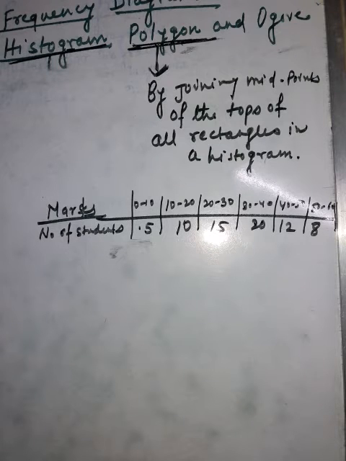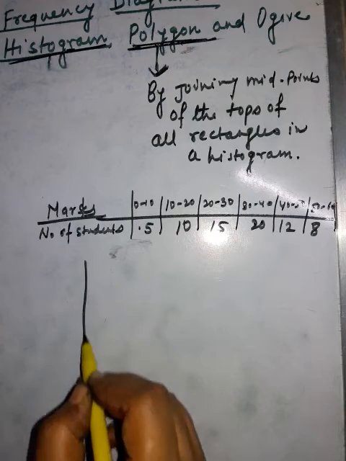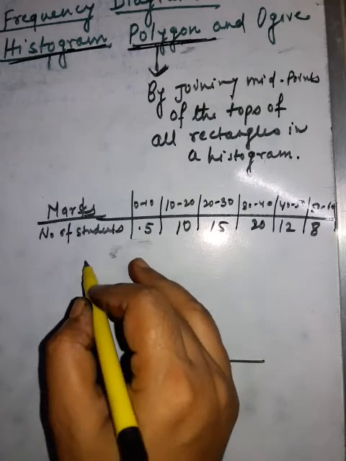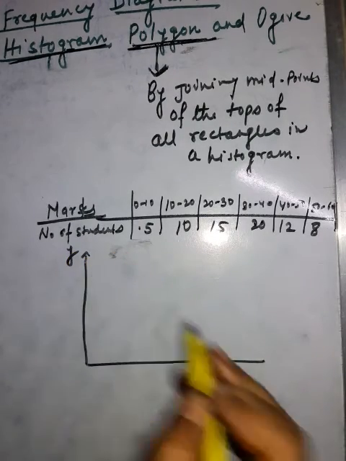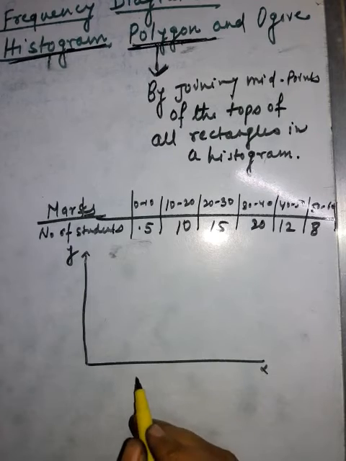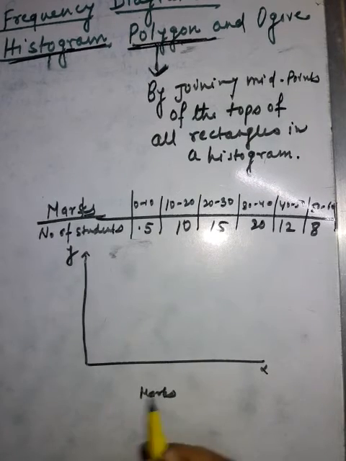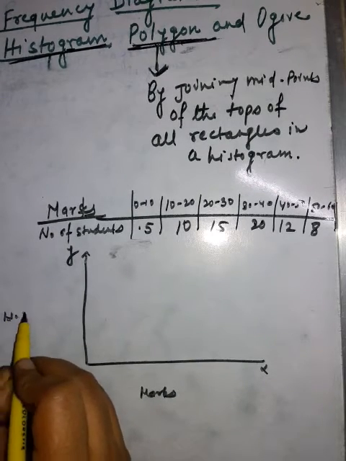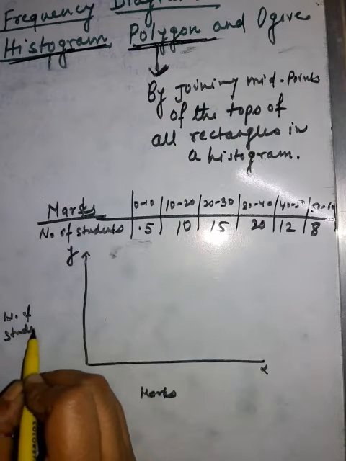So we can draw polygon with histogram and without histogram also. Here first what we will do is very simple, we will draw a histogram. That is the y-axis and that is the x-axis. Here marks, and here frequency, that is number of students.